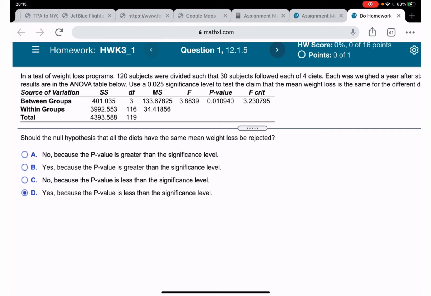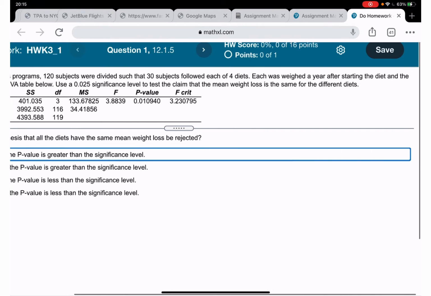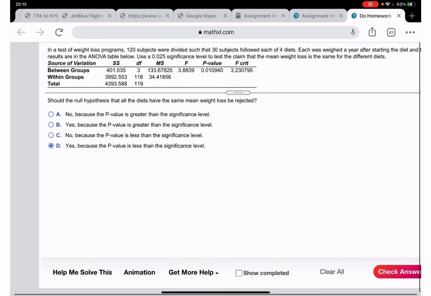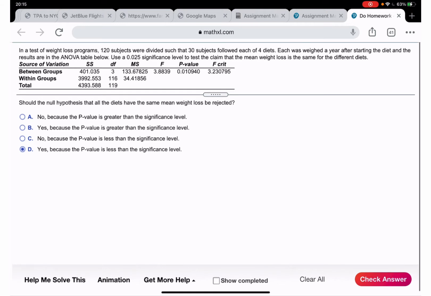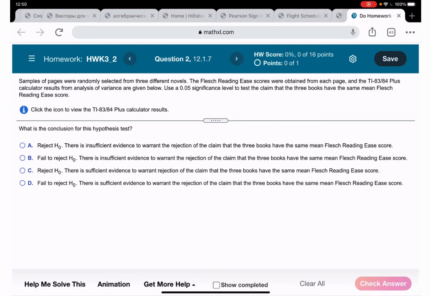moving to question number 2. We have to check, of course. Samples of pages were randomly selected from 3 different novels.